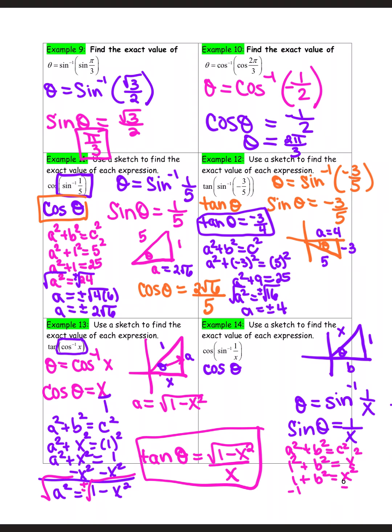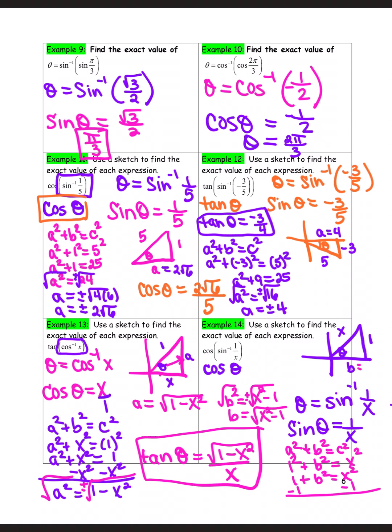Subtracting 1 from both sides, we have that b squared equals x squared minus 1, and taking the square root of both sides. Once again, it's always plus or minus, but in this case, we're in quadrant 1, so it's just going to be positive, the square root of x squared minus 1.